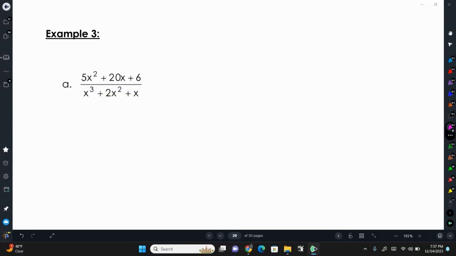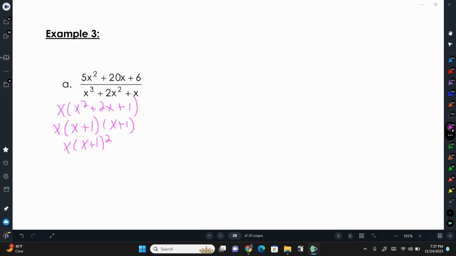So in example 3, we have the degree in the numerator smaller than the denominator, so we do not have to use long division. So I'm going to factor that denominator first, and then that would factor into (x plus 1)(x plus 1), but then we're going to combine that to (x plus 1) squared.